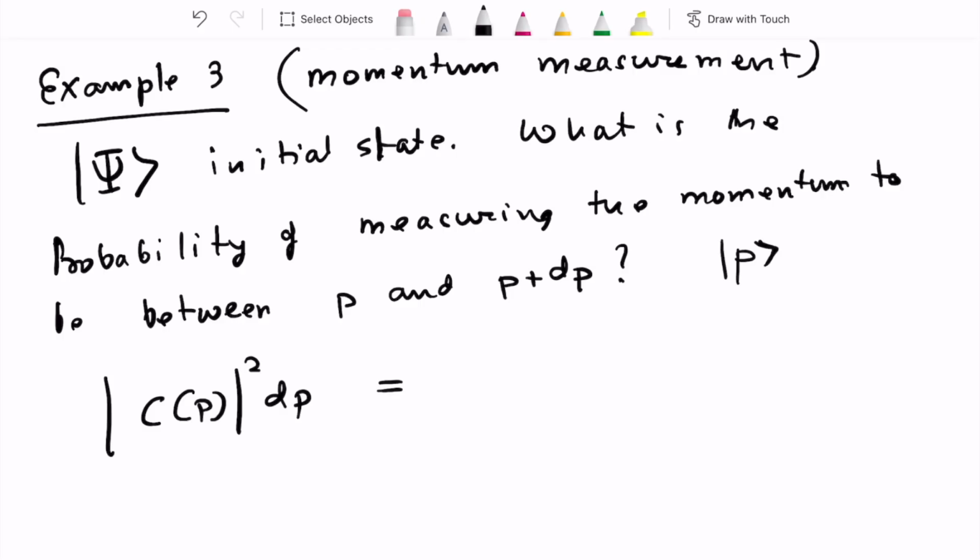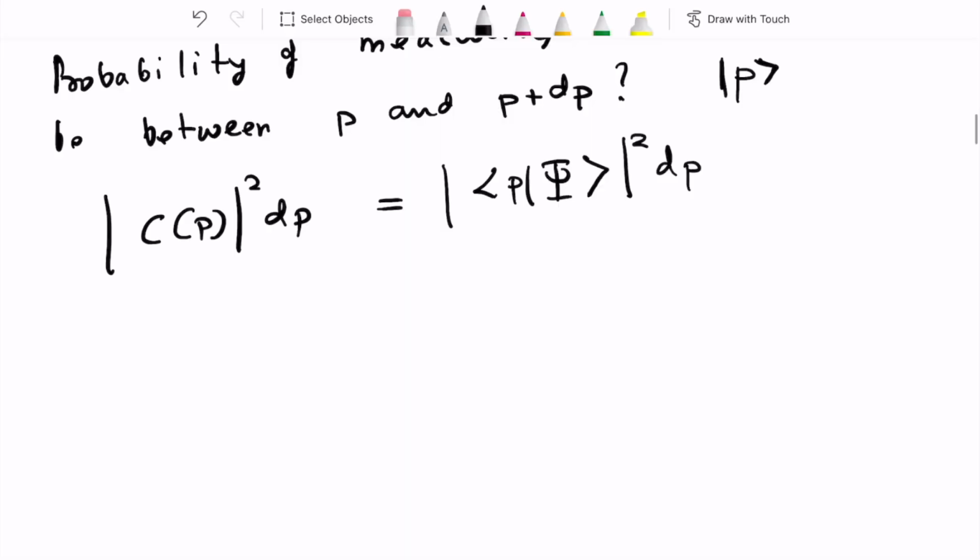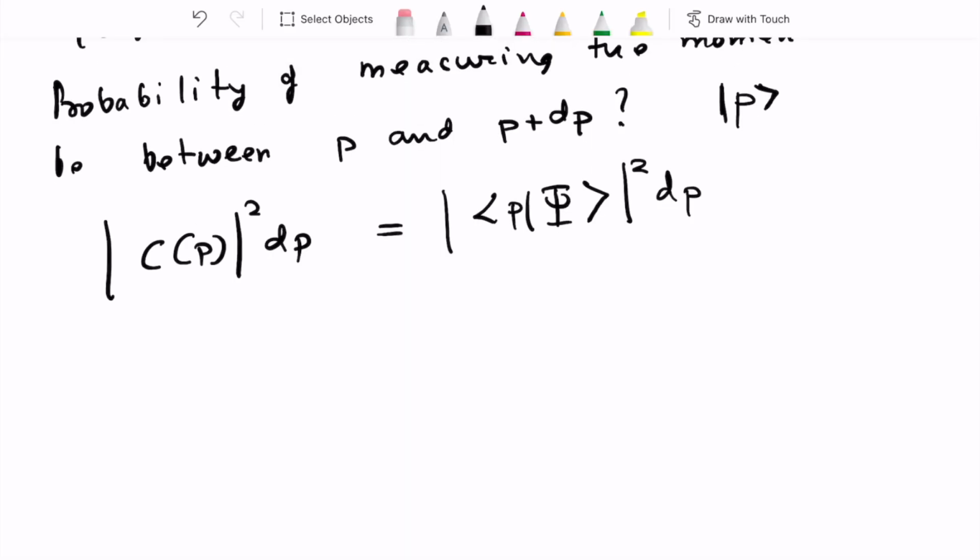So we are asking what is the probability of finding the particle in this momentum eigenstate p. So all you have to do is take the scalar product of p and psi, squared, dp. Now again, we will evaluate the scalar product in position space.